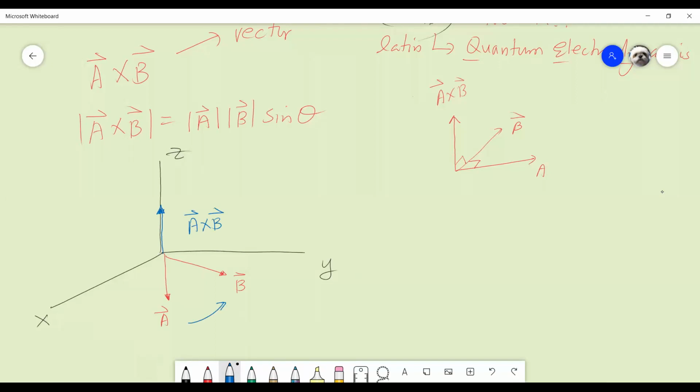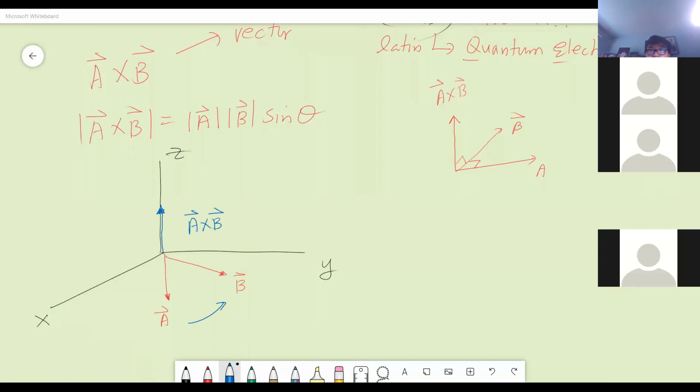Okay, I don't want to show you my face, but anyway, let's do this. Now, you see my hand right here? Yes. Your A will be your index finger, and then your B will be your middle finger. And then what is A cross B?